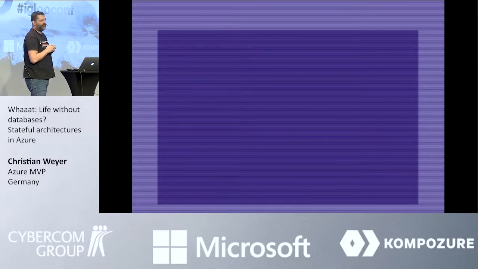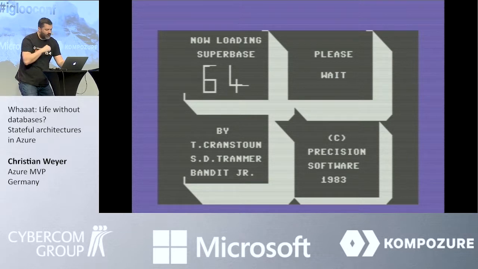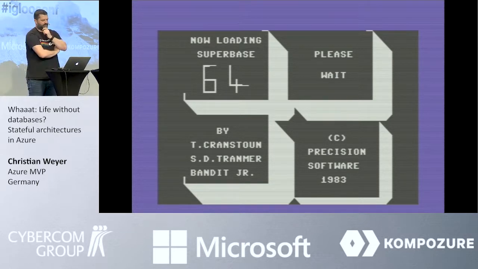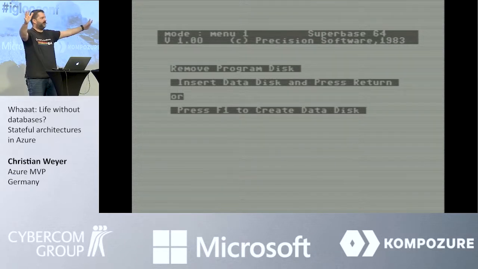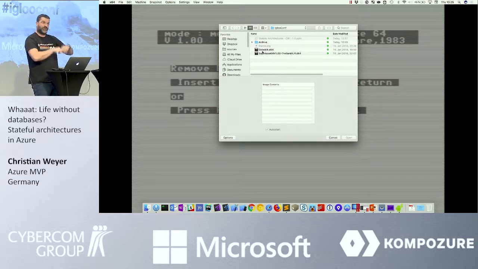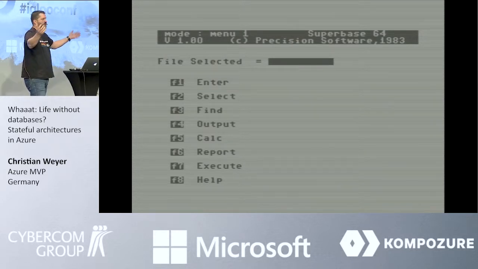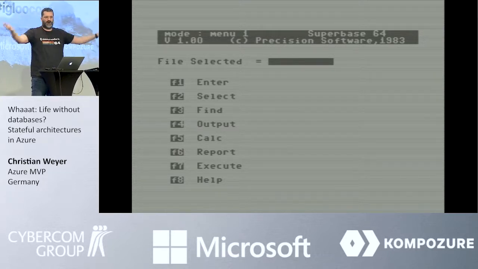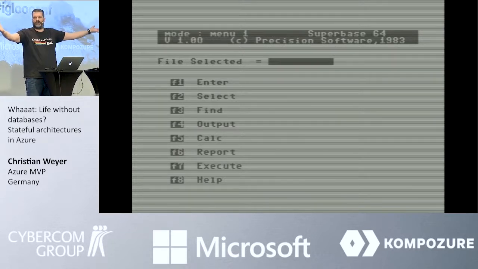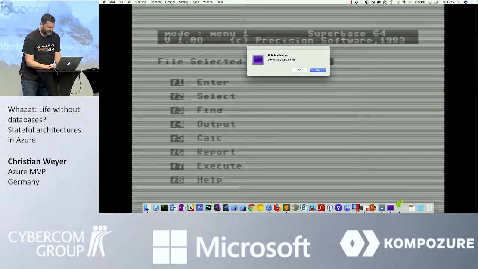And it was for sure the first NoSQL database on the planet. Let's switch on hyper mode, because then it loads a little bit faster. And that's it, right? That's our beloved Superbase. We can insert the data disk because we had to switch disks back then. We take the data disk and we just say return, and here we go. That's it. NoSQL at its best, worldwide available, endless storage on floppy disks. That was it. No cloud. Who needs the cloud in the first place? I don't know, people. Really, I don't know.